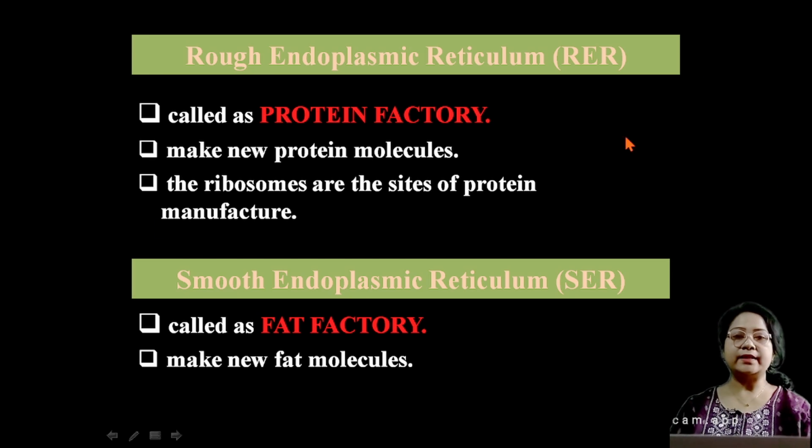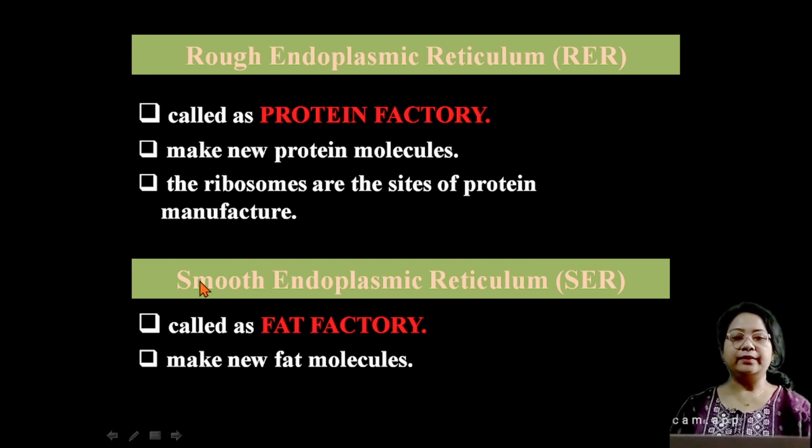So what type of organelles perform protein synthesis? Those ribosomes that are attached to the rough endoplasmic reticulum are the site of protein manufacture. They synthesize the protein molecules. So as a whole, the rough endoplasmic reticulum is called the protein factory because it makes new protein molecules.